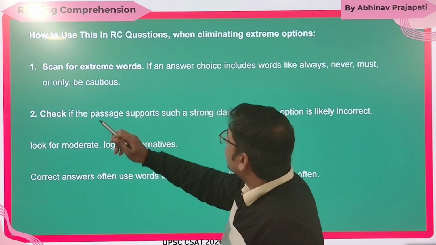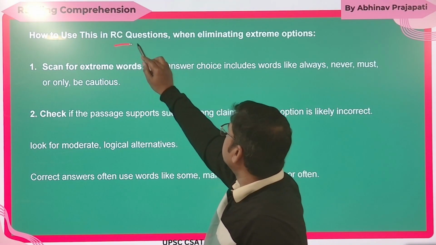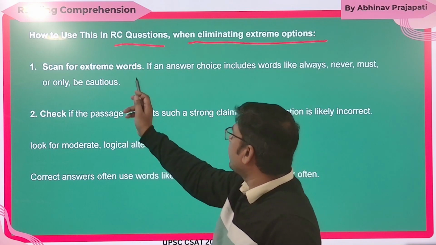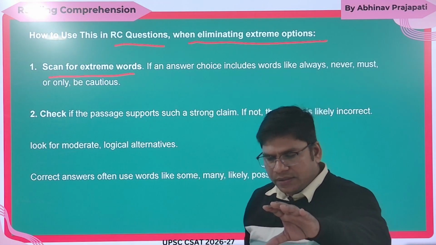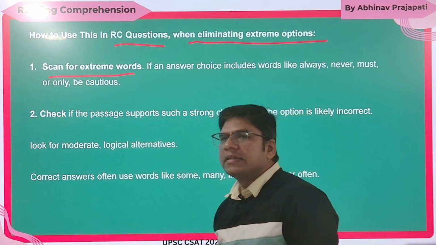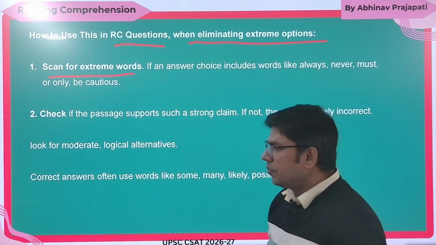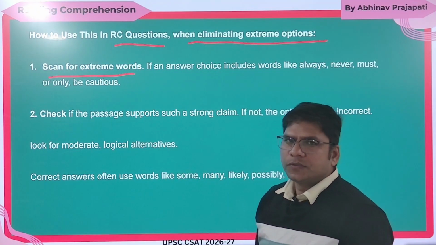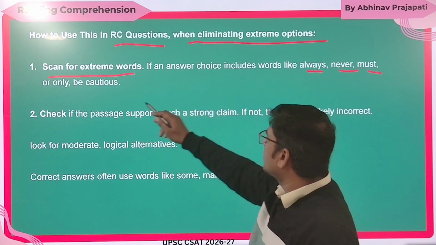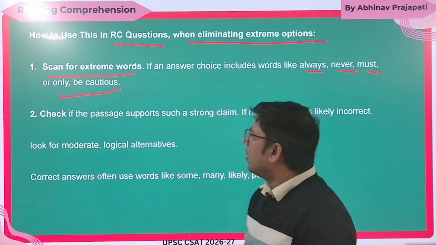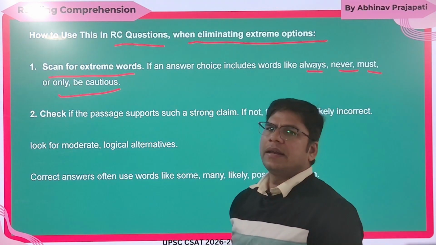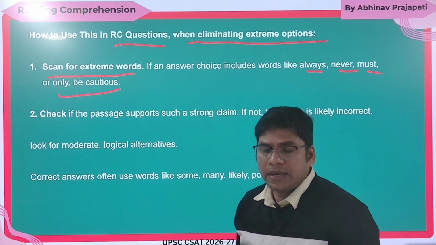Now, how to use these in RC questions when eliminating extreme options. Scan for extreme words. First of all, read the passage as fast as you can and see whether an option consisting of these extreme words can be outrightly marked wrong. If answer choices include words like always, never, must, only, be cautious; they are most likely incorrect, unless the author has used this kind of language in the passage.